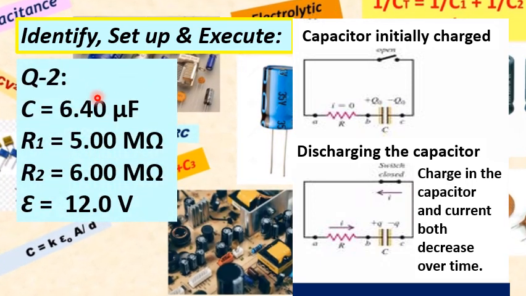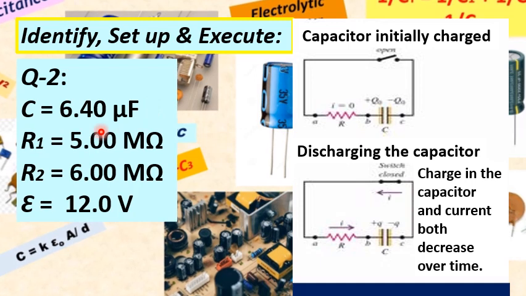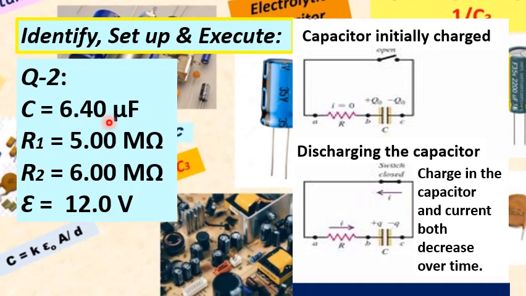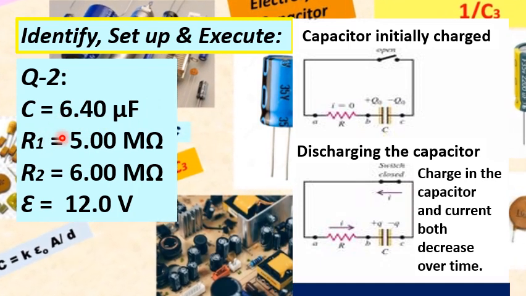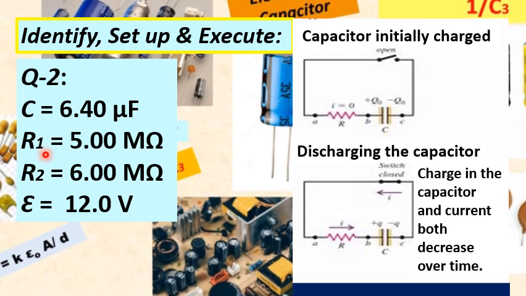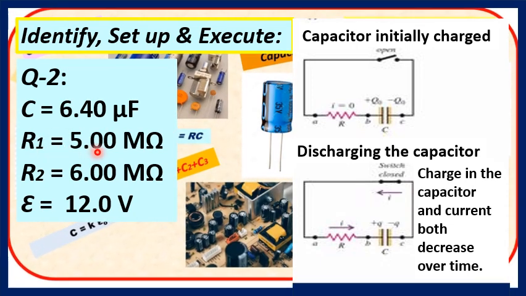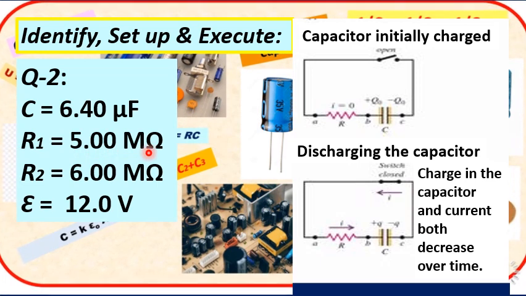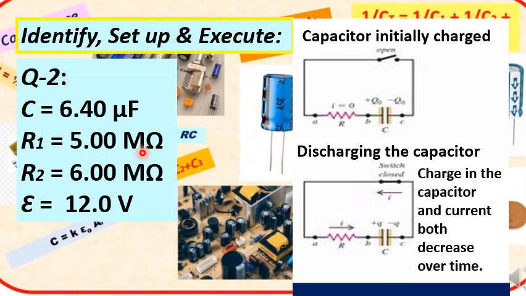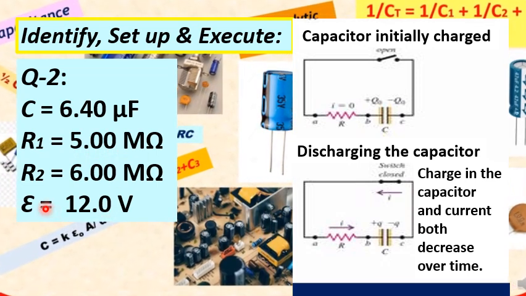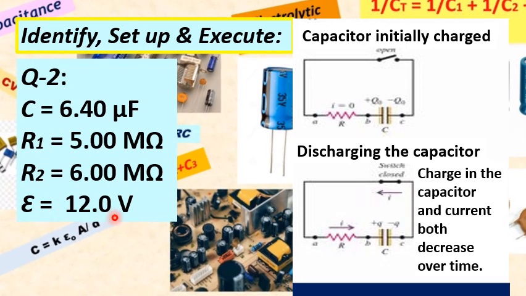In question number 2, the initially uncharged 6.40 microfarad capacitor is connected in series to a 5.00 mega ohm resistor and a battery with an EMF of 12.0 volts.